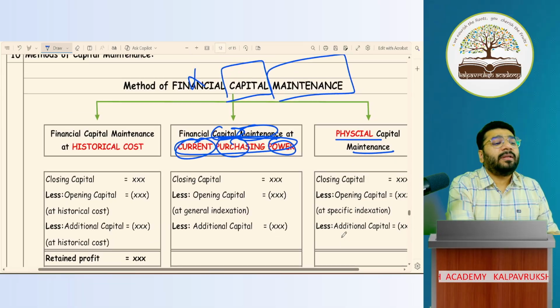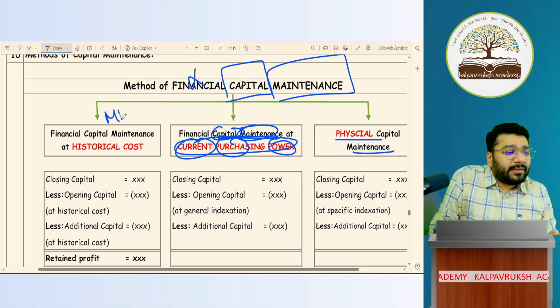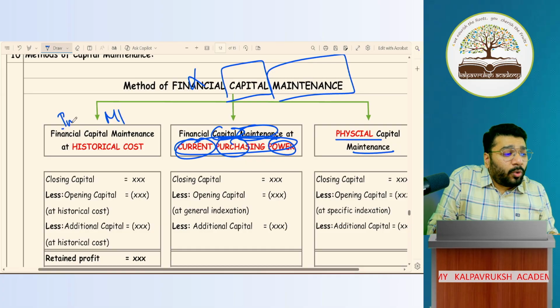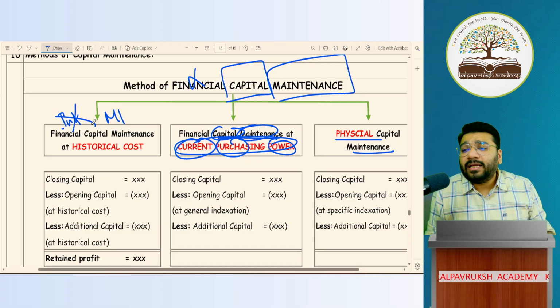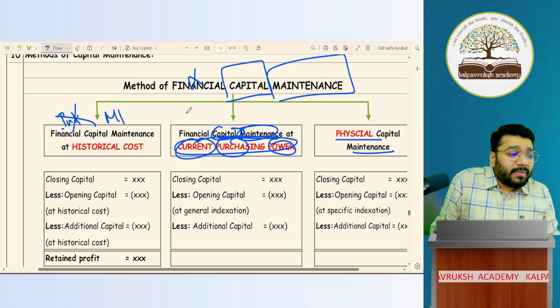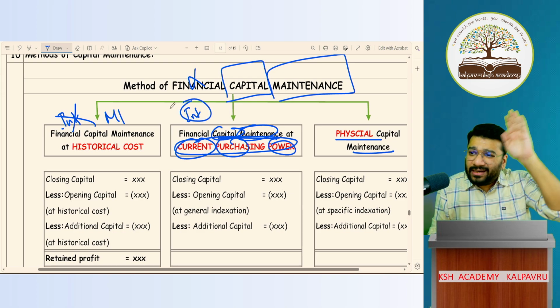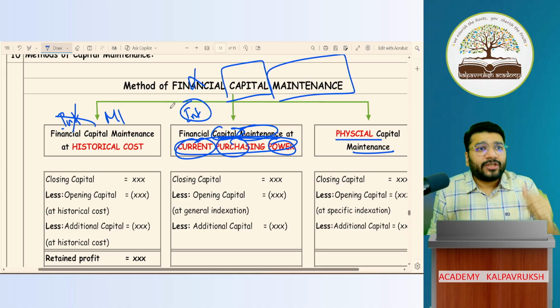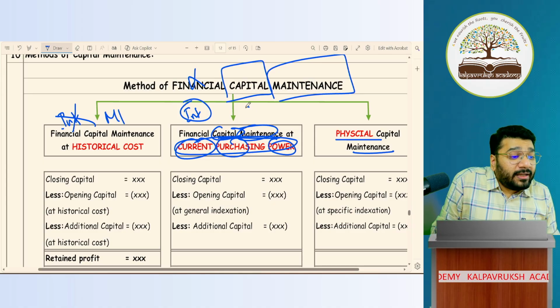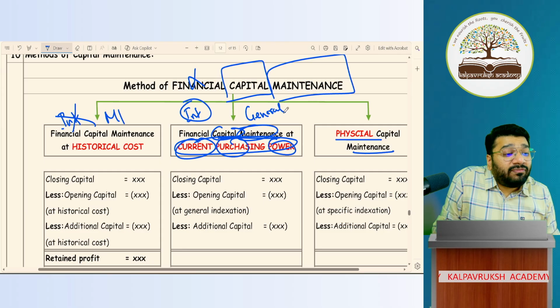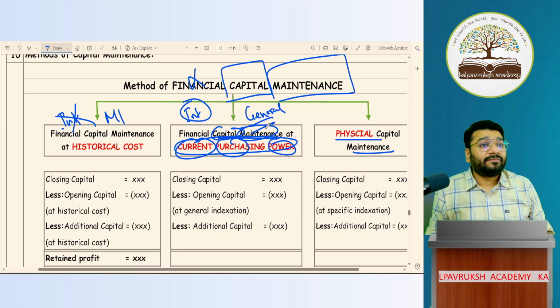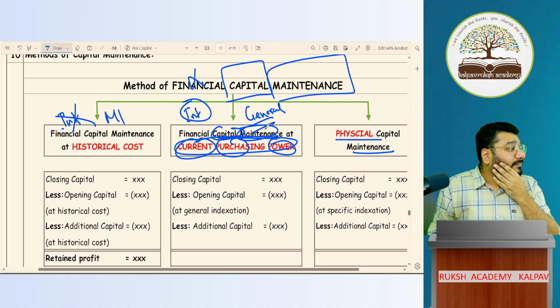Now, there is a problem in method 2, people. Like how we had a problem in method 1, no? In method 1, inflation was not considered. It was ignored. In method 2, you considered inflation. You know what inflation you have considered? General inflation, overall inflation.